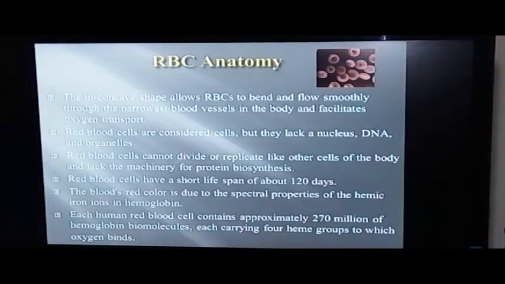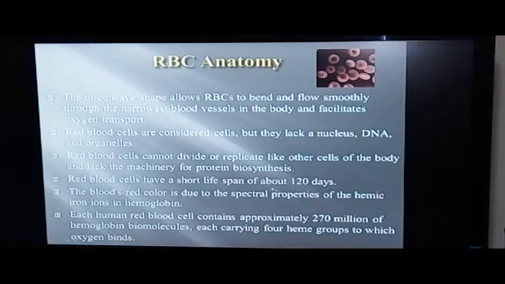Red blood cells cannot replicate themselves because they lack a nucleus. They lack DNA and the organelles within the cell to make new cells.